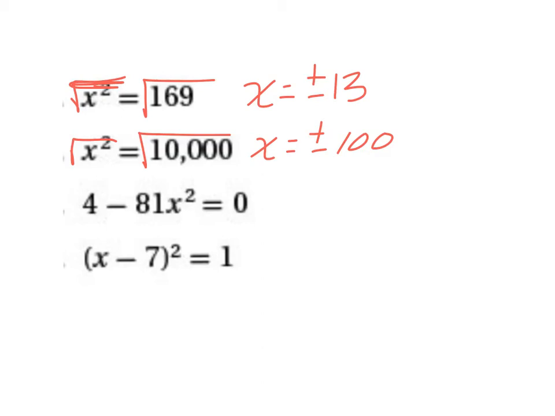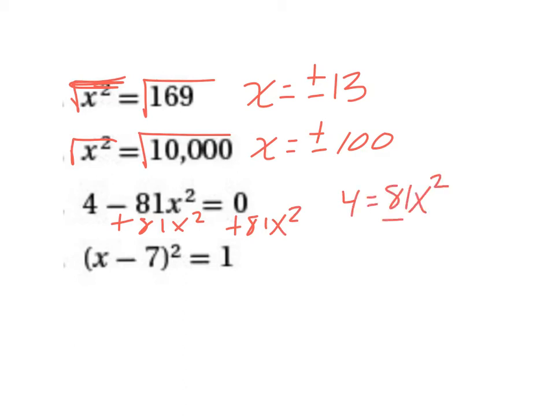Okay, for the next one, we need to isolate the x squared, remember. So I could move this -81x squared to the right, so I would add 81x squared to both sides. So now I have 4 equals 81x squared.